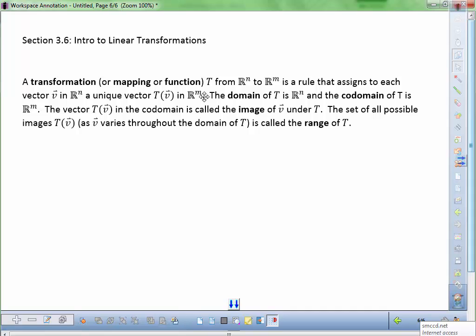Like shifts or rotations or things like that. We'll talk about what transformations are considered linear and what transformations are considered nonlinear. Okay? So that's going to be our topic of discussion for next time, linear transformations.